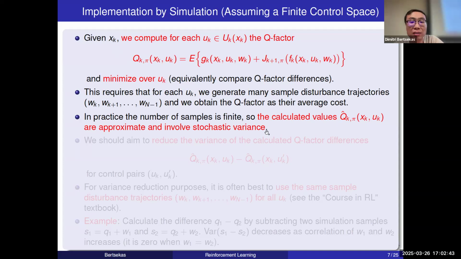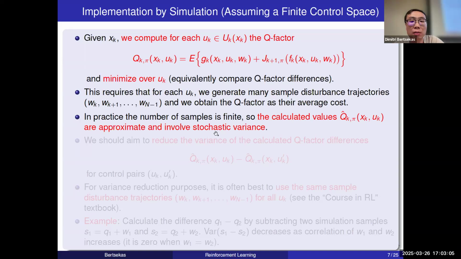This stochastic variance can damage our selection of control. Suppose for one control it so happens that in our samples we have favorable w's, and for another control we have less favorable w's.